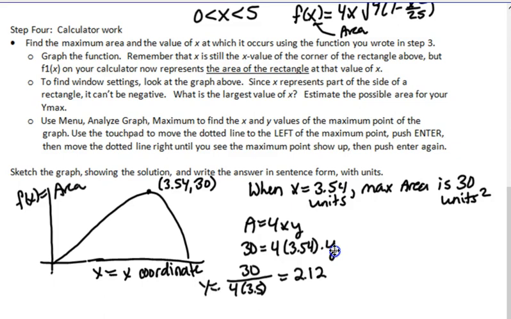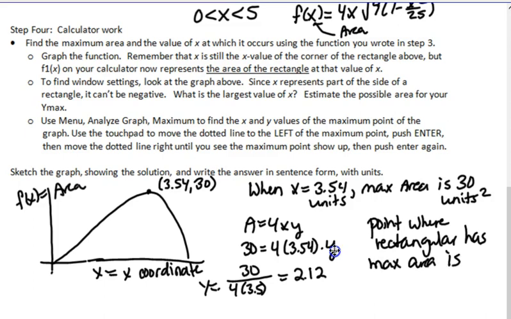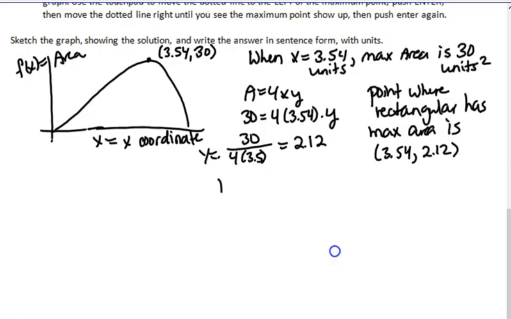So that tells me that the point where the rectangle has maximum area is (3.54, 2.12). And I could also find the dimensions of the rectangle, because the base would be 2 times 3.54, and the height would be 2 times 2.12.